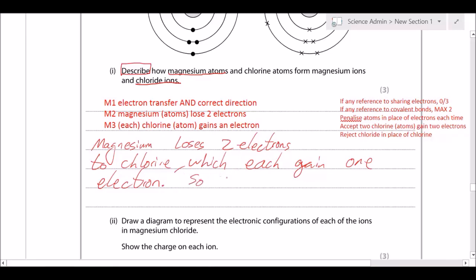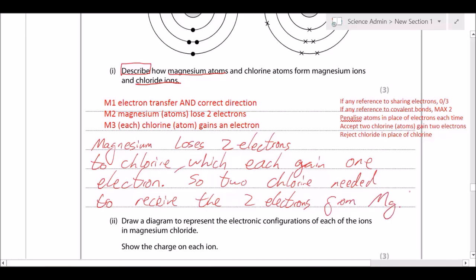Okay, so 2 chlorine needed to receive the 2 electrons from magnesium. Here you're clearly saying magnesium loses 2, you're clearly saying chlorine gains 1, and you're saying that magnesium loses them to chlorine, so that you're saying the transfer. Yeah, so magnesium loses them to chlorine.